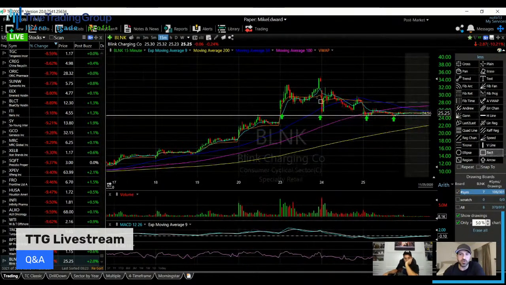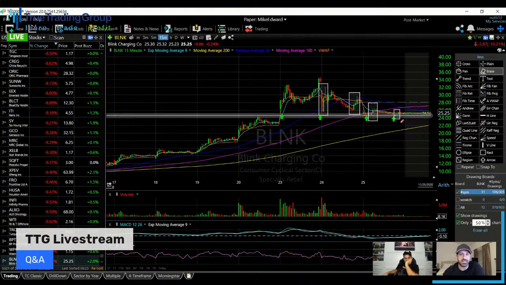You'll see the first bounce off this level, then the second bounce, then the third bounce, and then the fourth bounce. You guys see how the bounce off this level is getting weaker, weaker, weaker. So the bounce off of that level is getting less and less.